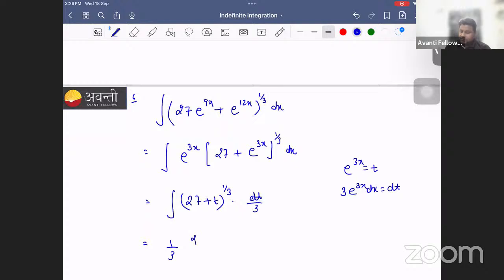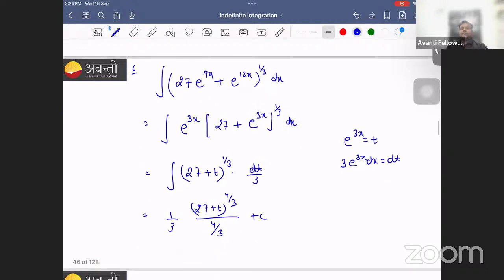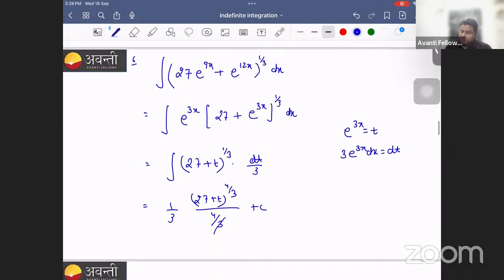This integration will be 27 plus t to the power 4 by 3 upon 4 by 3 plus constant. Got it? This 3 and 3 will cancel out. Your answer will be 27 plus e to the power 3x whole to the power 4 by 3 upon 4 plus constant. Am I clear?